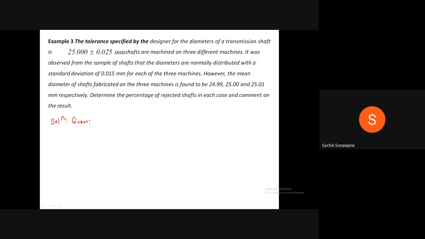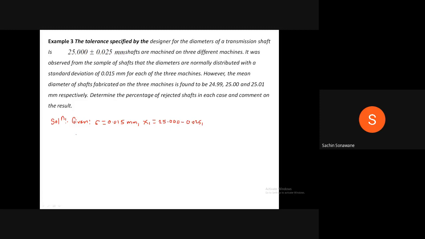First of all, standard deviation sigma is equal to 0.015 mm. Then x1 means upper limit. X1 is equal to 25.0000 minus 0.025.